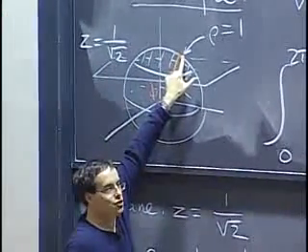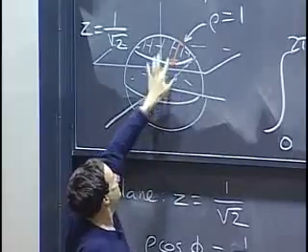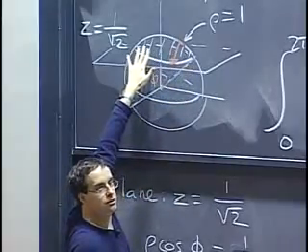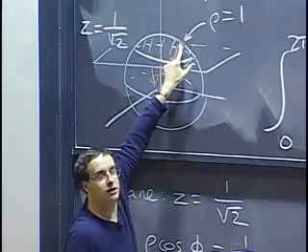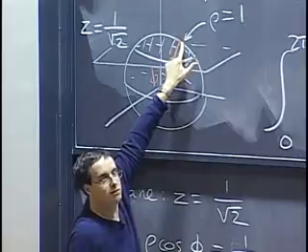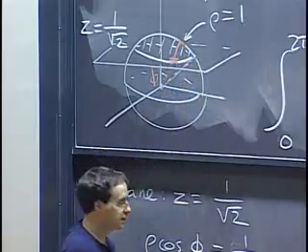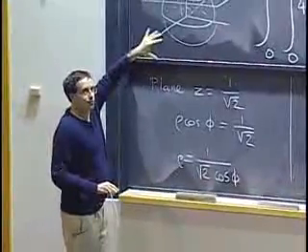Okay, so first of all, we have to figure out where we enter, where we leave. Well, we enter when the ray hits the flat face, when we hit the plane, and we will leave when we hit the sphere. So the lower bound will be given by the plane, the upper bound will be given by the sphere.